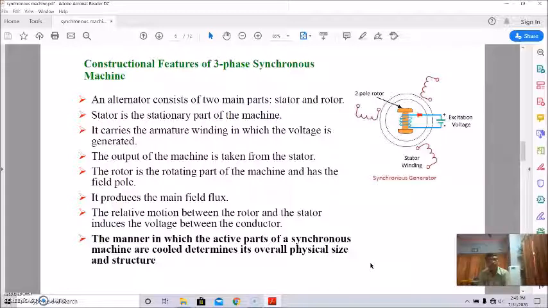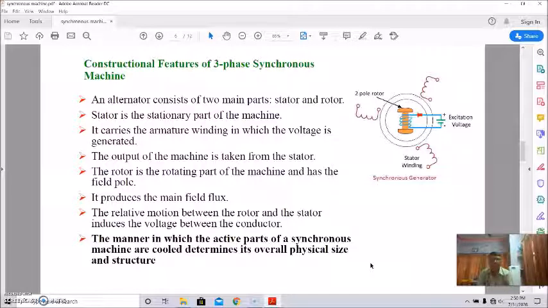Stator is the place where the three-phase conductors are placed. This is the stationary part where EMF is being induced or power is being generated, and it carries the armature winding. Basically, voltage is generated here, and the output of the machine is taken from the stator.